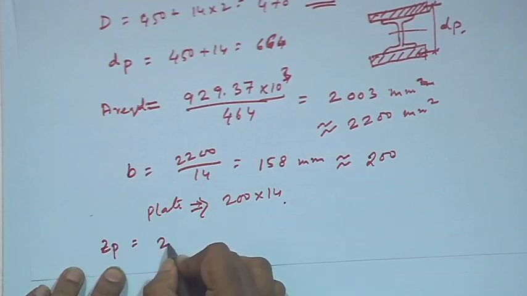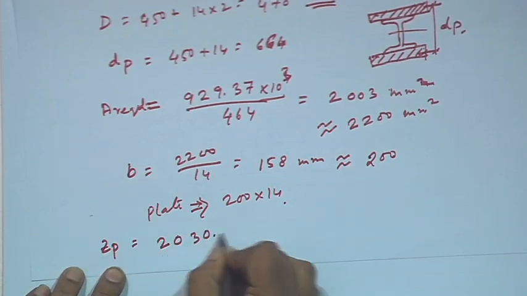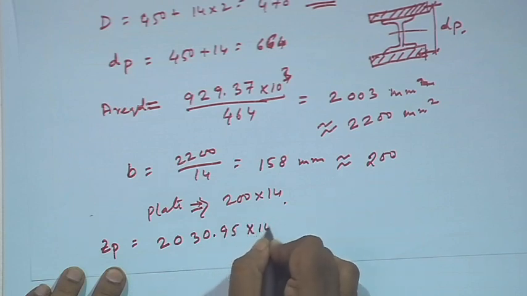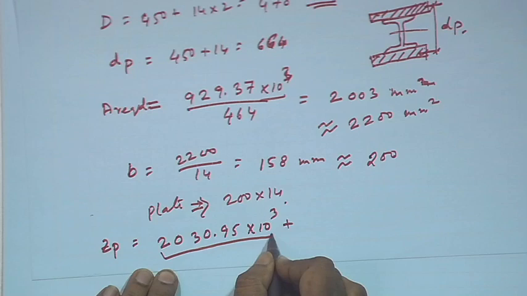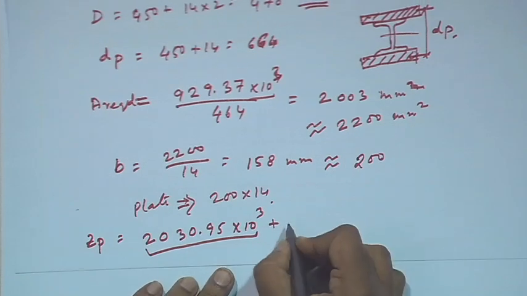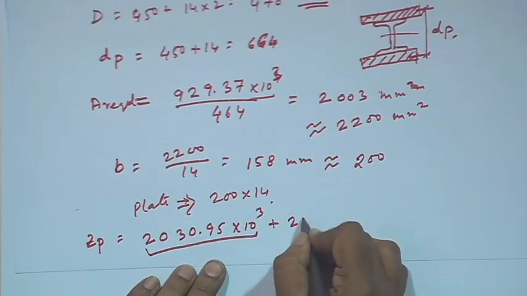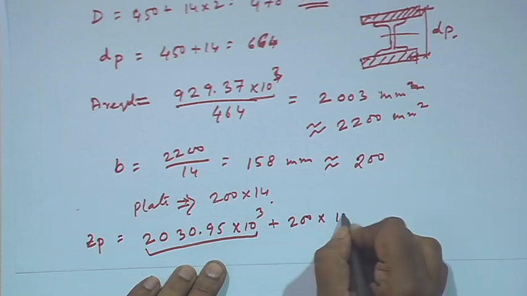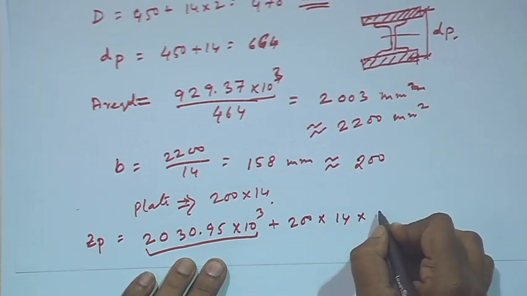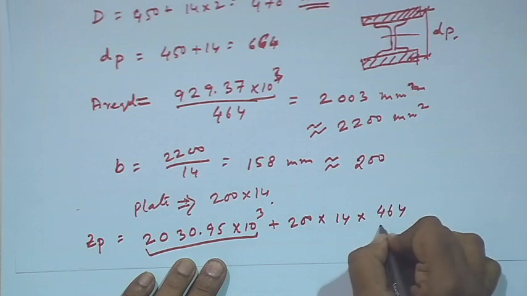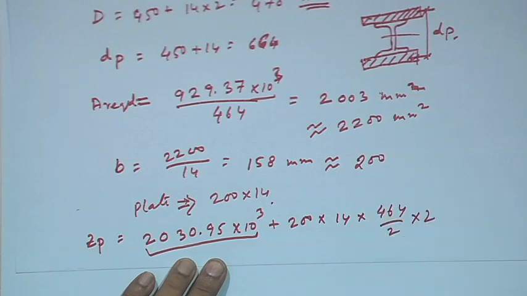and then the plastic section modulus of the whole section we can find out. That is 2030.95 into 10 cube plus, this is the section modulus of the I section, then 200 into 14, this is the area, into CG distance 464 by 2 into 2.